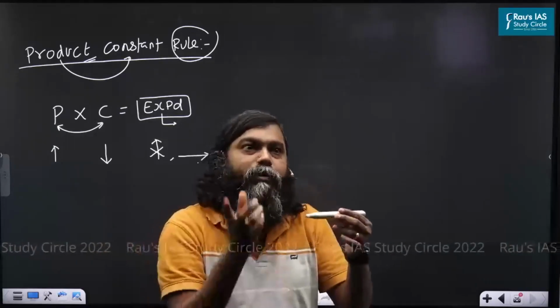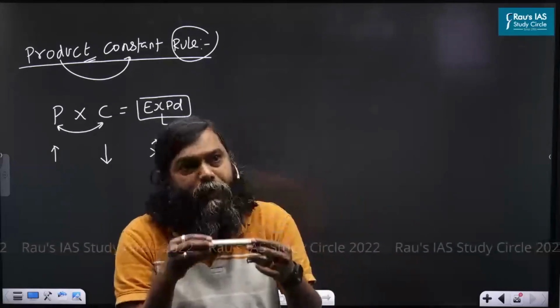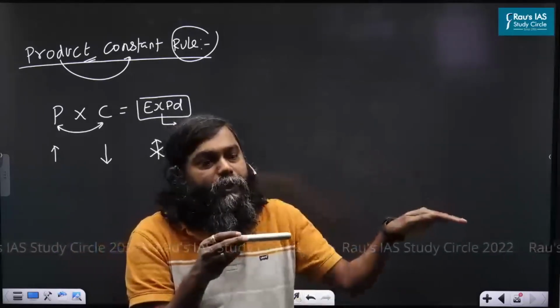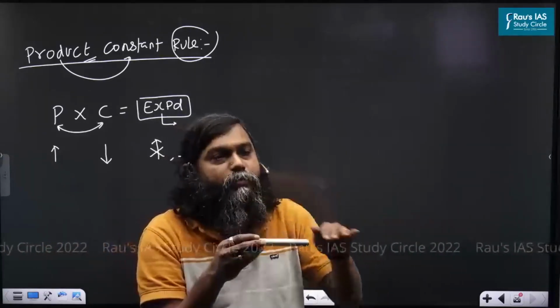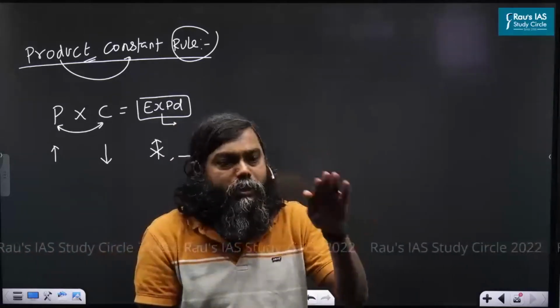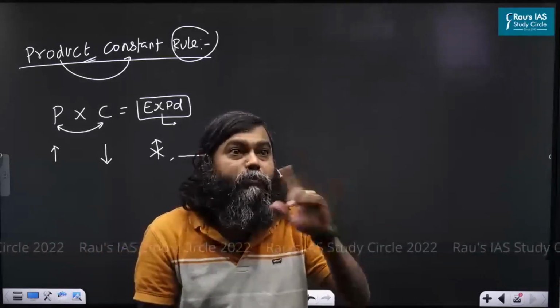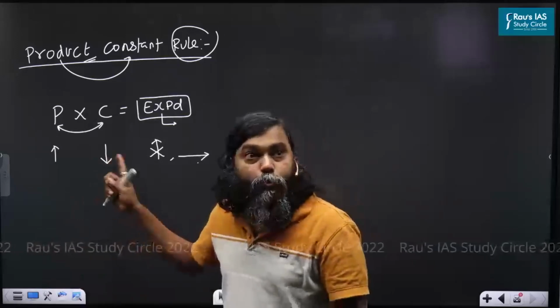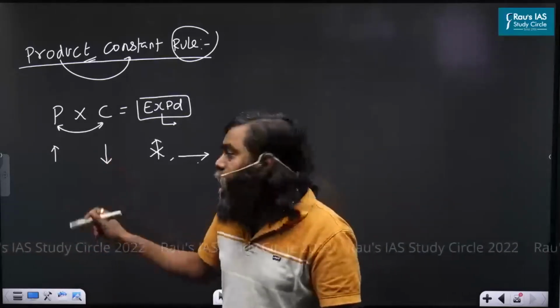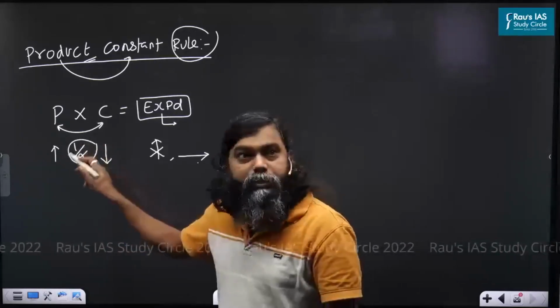Whatever I spent earlier, 100 rupees, the same 100 rupees only I am able to spend now. That means expenditure is constant. If expenditure is not increasing, it has to be constant. Then what happened to my consumption? Then only it is decreasing. Both are in opposite directions, that means inversely proportional. Same direction, then directly proportional.